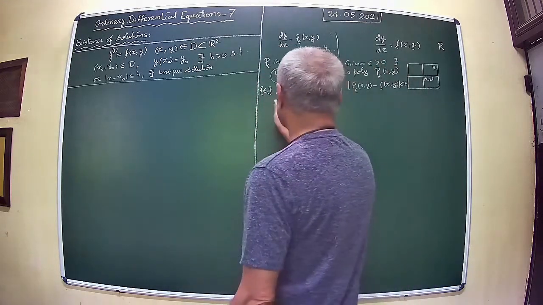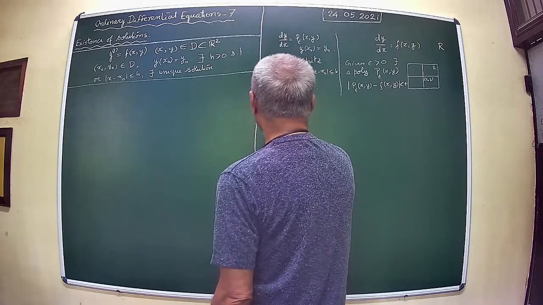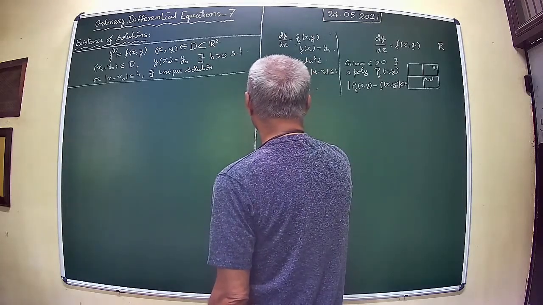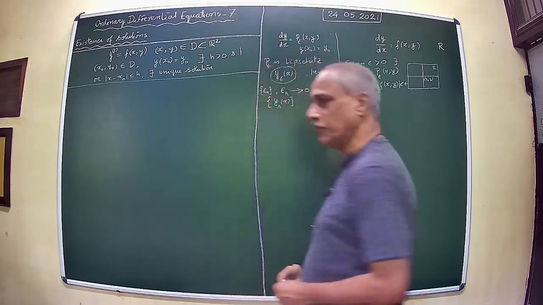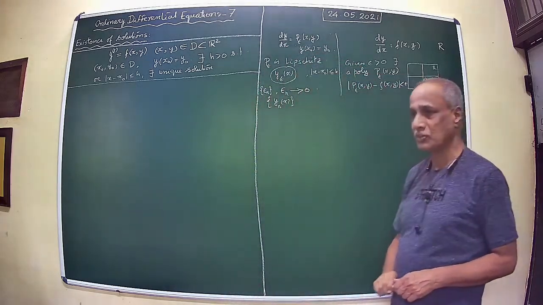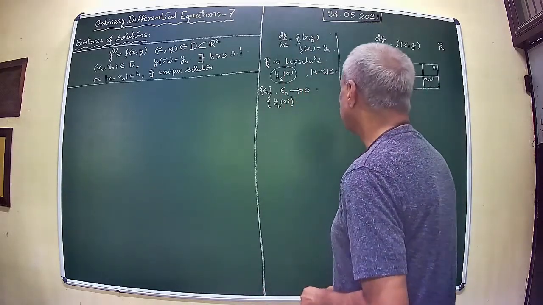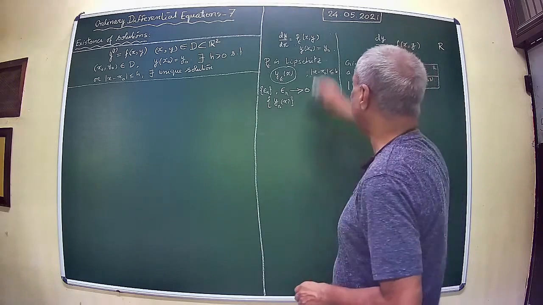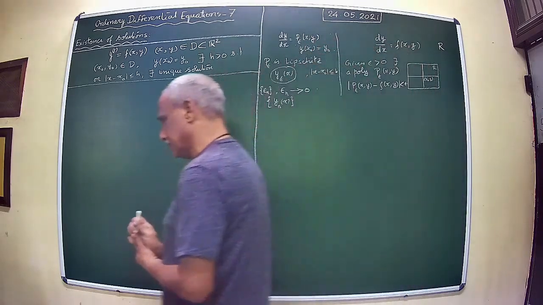Then corresponding to each epsilon n there is a y n. So it gives you a sequence of functions y n of x, each satisfying the corresponding differential equation.